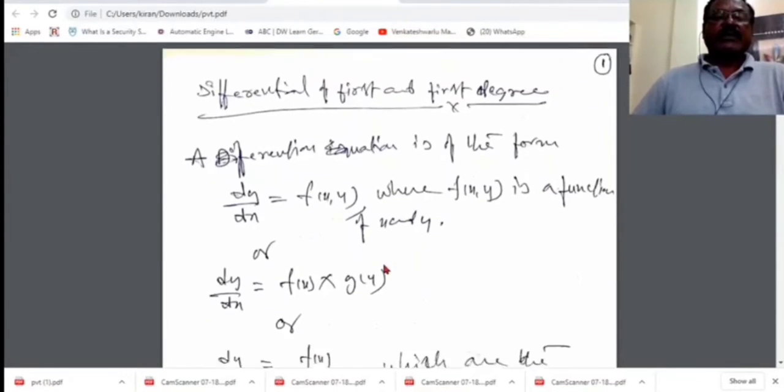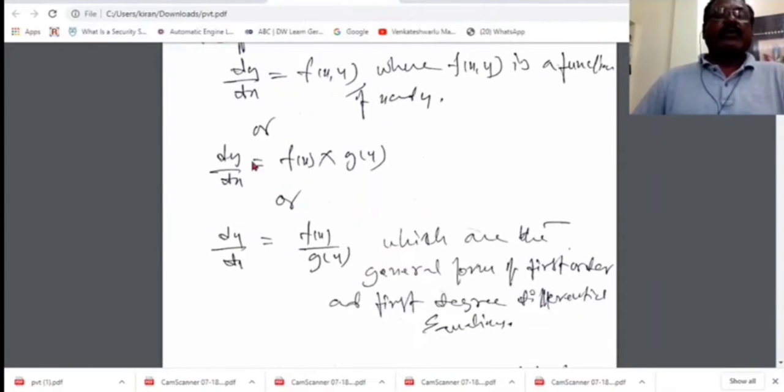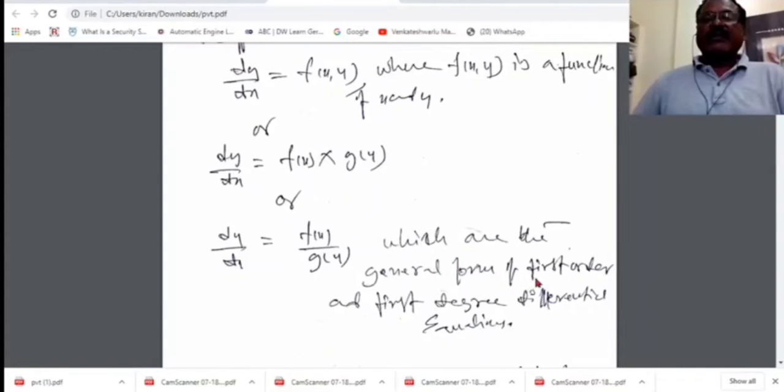This is also a first order first degree differential equation: dy by dx is equal to f of x into g of y, or dy by dx is equal to f of x by g of y, which are the general forms of the first order first degree differential equation.